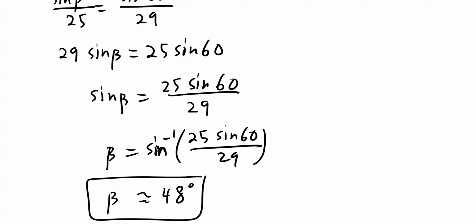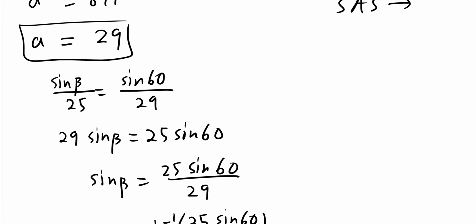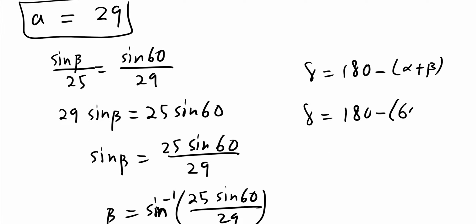So with the law of cosines and law of sines, there's now one thing left to find, gamma. The easiest way: gamma is 180 minus (alpha plus beta). Alpha was given as 60 degrees. We found beta is 48 degrees. And if we do the work, gamma would be 72 degrees.